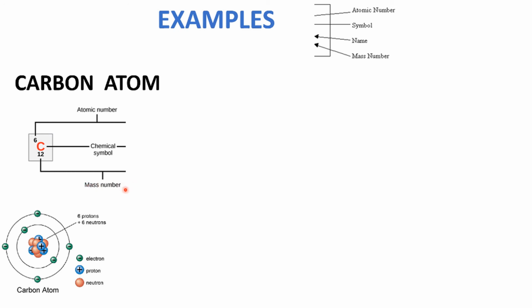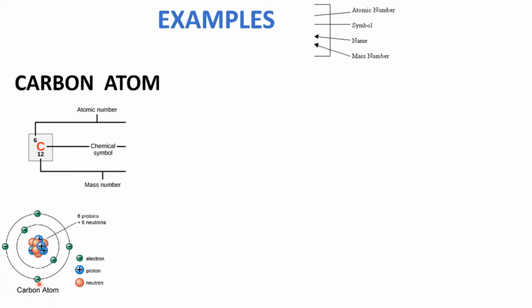It is the mass number or nucleon number. If we need to calculate the number of neutrons, we subtract the atomic number from the mass number. 12 minus 6 equals 6. This gives us the number of neutrons.